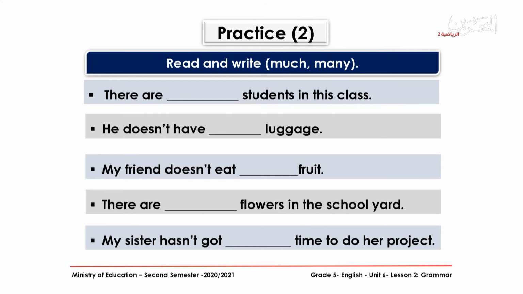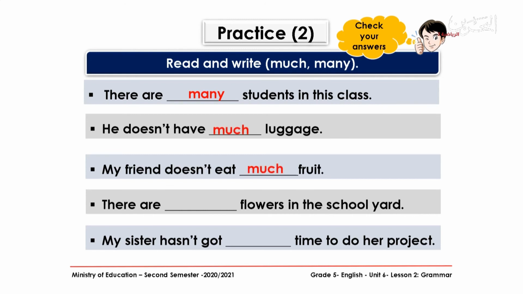Well done. Now let's check the answers. Number 1, many students, much luggage, much fruit, many flowers, much time.